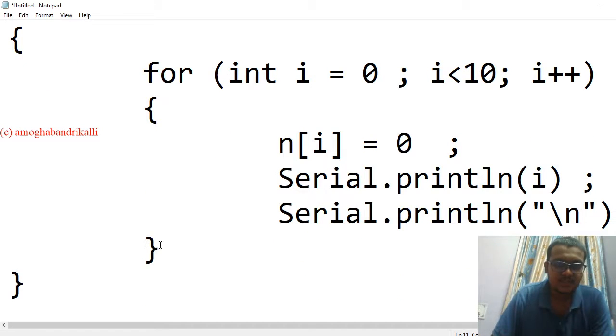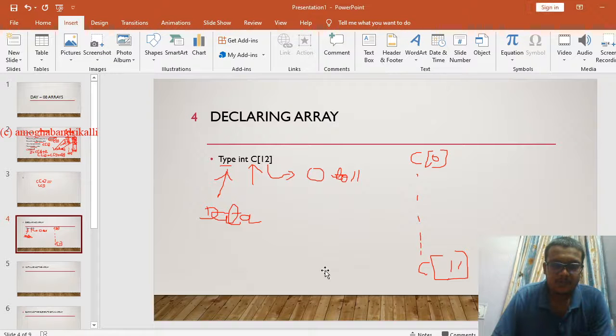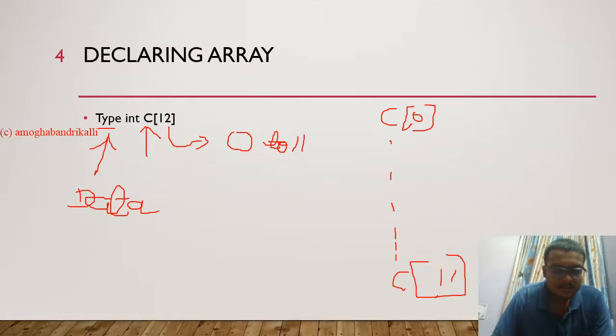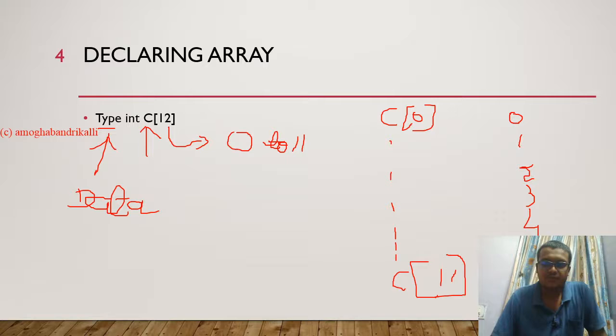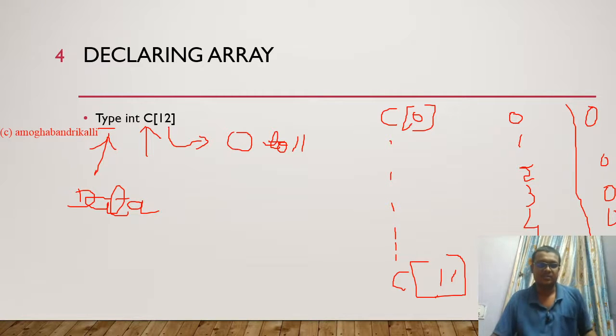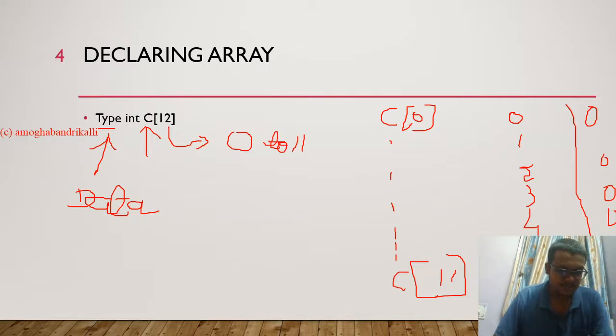After executing this, we will see the output in this format. So let me take a pen first. You will have elements ranging from 0, 1, 2, 3, 4, 5, 6 till it reaches 11. Everything will be assigned to 0; for every execution it will assign the value 0 after executing this statement.